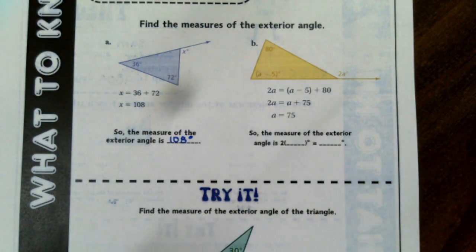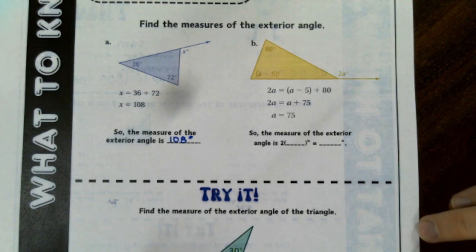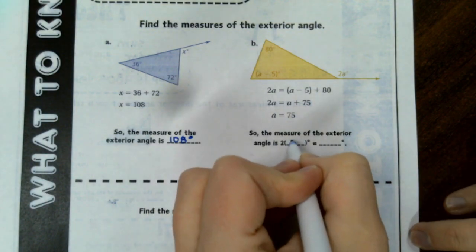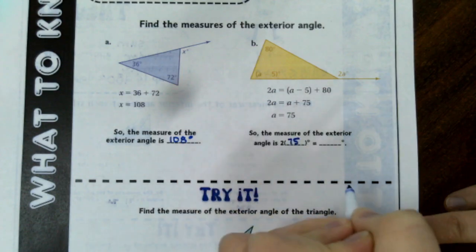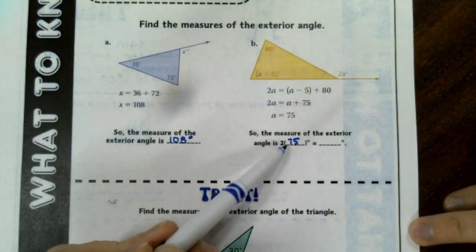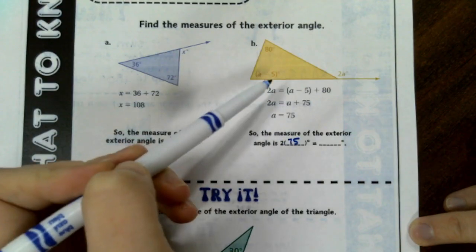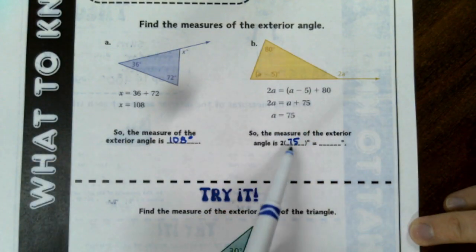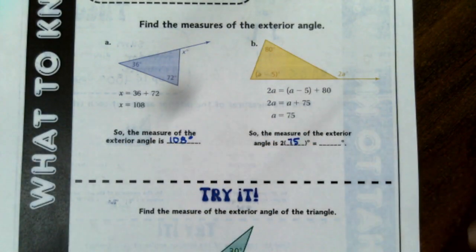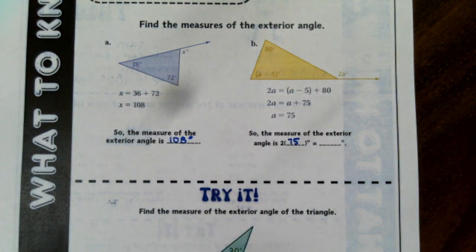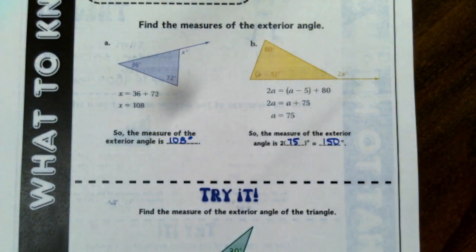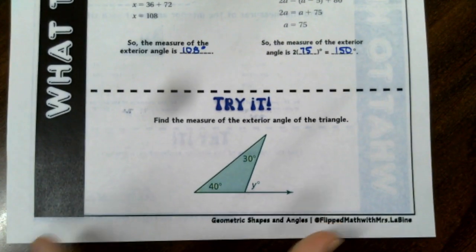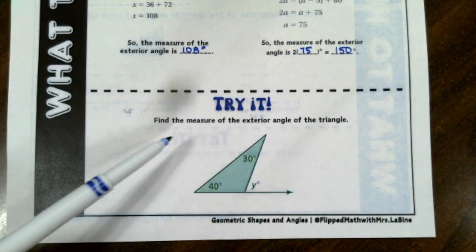So if I put this in here, I know that the exterior angle is 2 times a, which is 2 times 75. Do you know what this angle measure is? This would be 150 degrees.